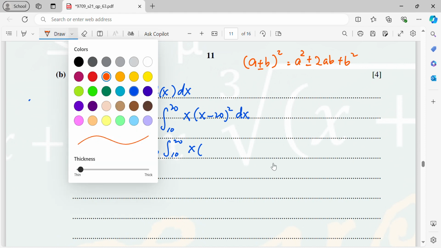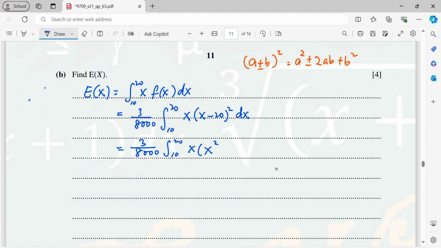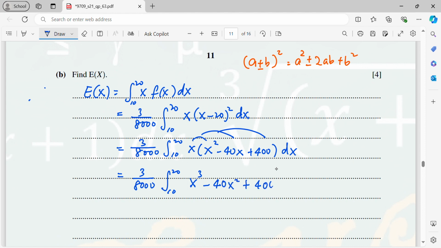That means now here I will be getting x squared minus 40x plus 400. Do the expansion first. 3 over 8,000 integrate from 10 to 20. Just do expansion. So that is x cubed minus 40x squared plus 400x.